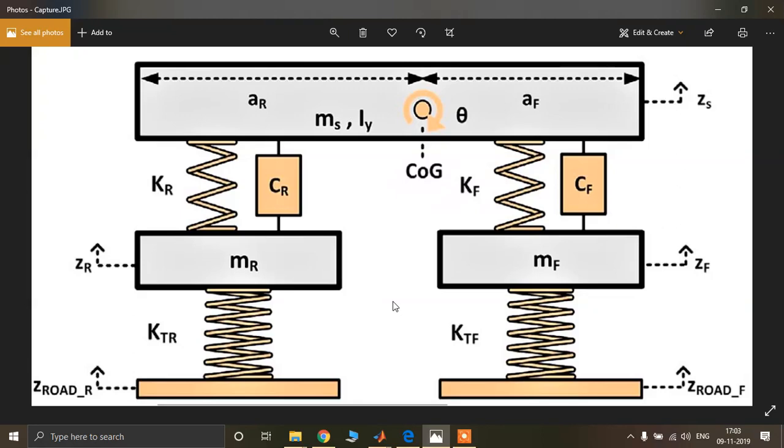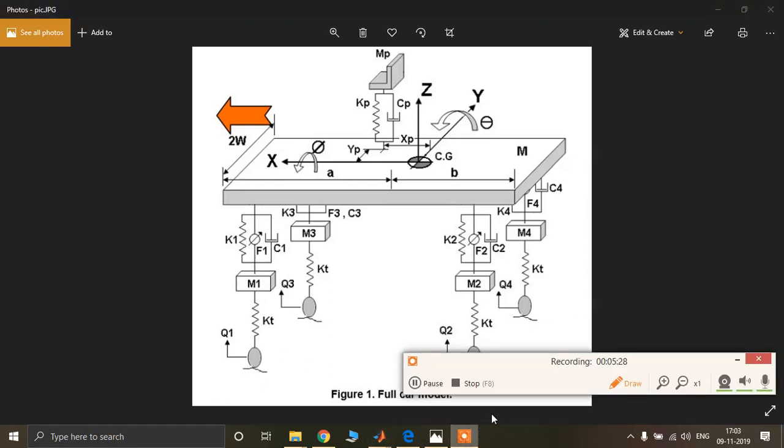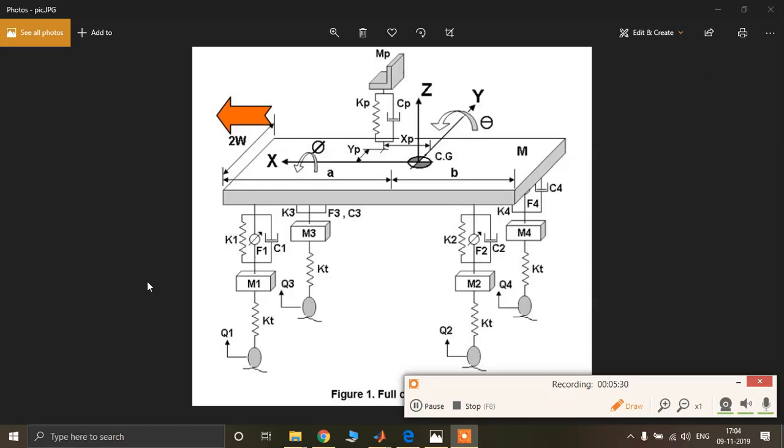Now we move further ahead to the full car model. This is the full car model. Similarly, four wheels are there. Suppose this is going in this direction. This is the seat and this is the sprung mass.